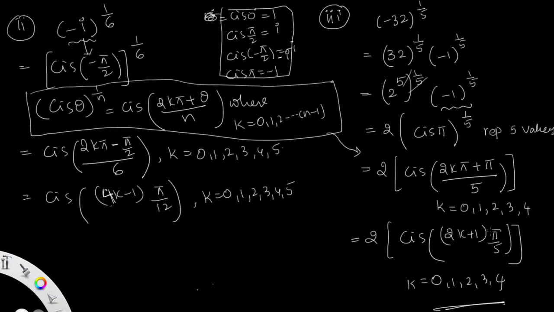Question number 3: 1, omega, omega square are the cube roots of unity.